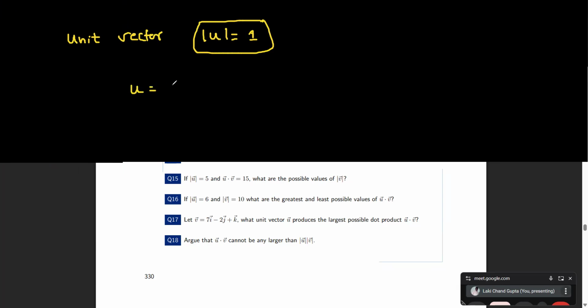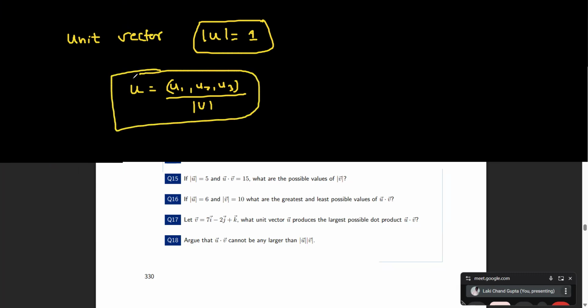Let's suppose any vector u, when you divide by its modulus, it becomes a unit vector. A unit vector is represented by u cap. So the modulus of u equals 1.